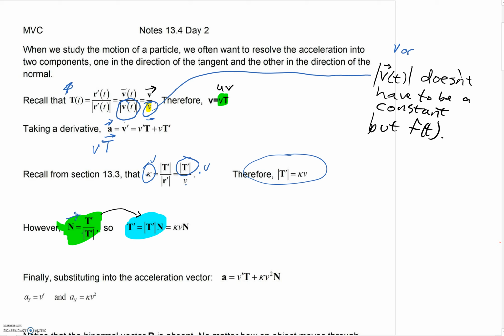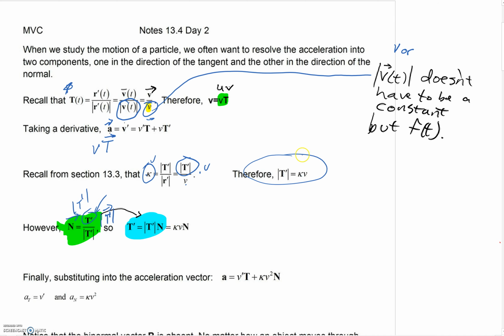Now, we just solved earlier, and we're going to use a substitution to help us. But first, let's get T prime alone. If I multiply the right side and the left side by the length of T prime, we're going to get what we have in blue here. T prime is the length of T prime times N.